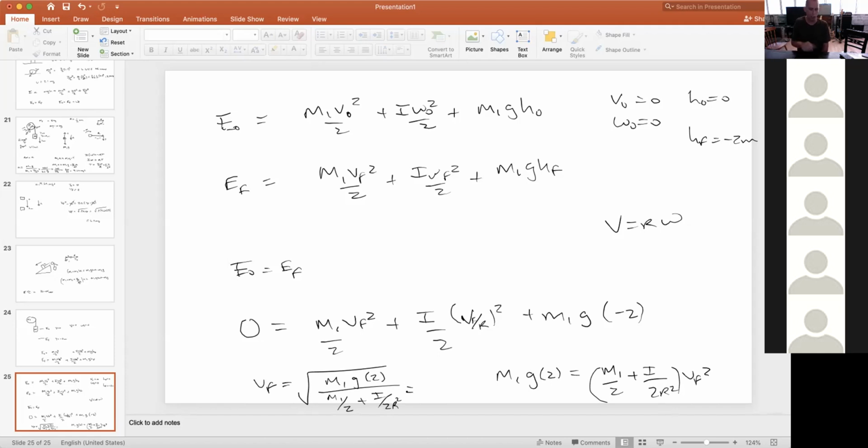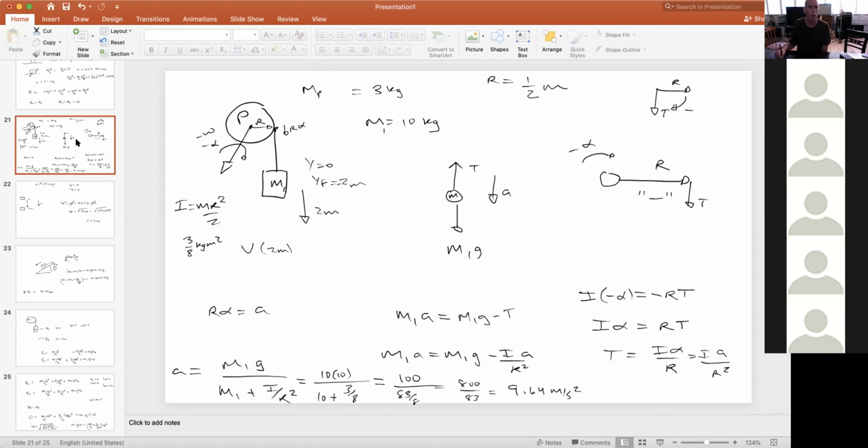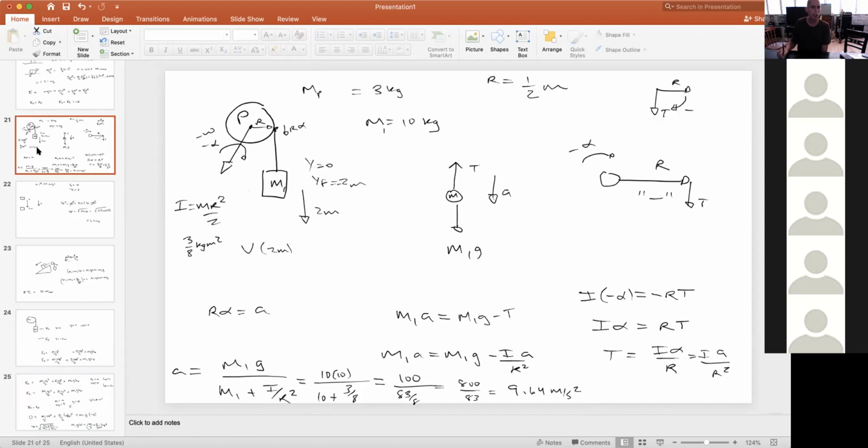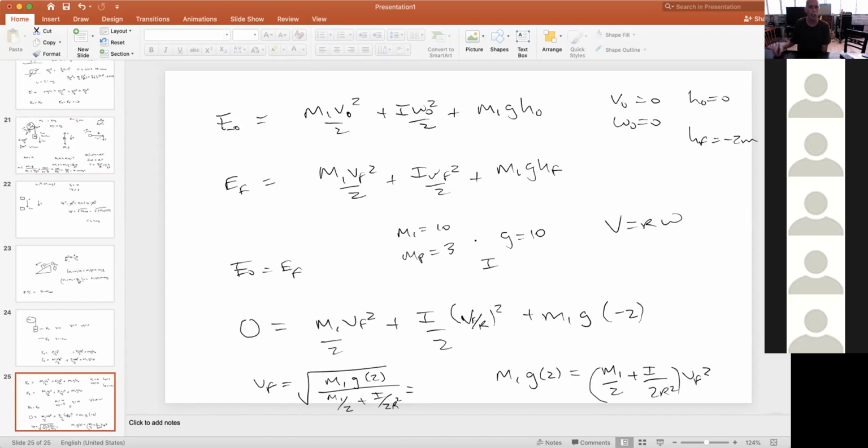If I look back on what my actual numbers were, m1 was 10, mp was 3, g I said was 10, and I, we got 3/8. Yeah, I was 3/8. So plugging those things in here, and R was a half meter.